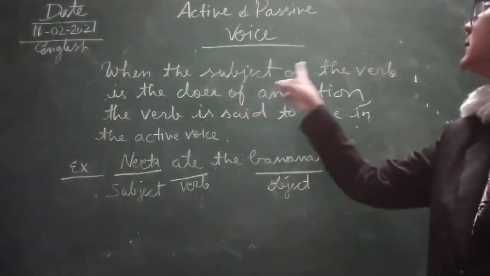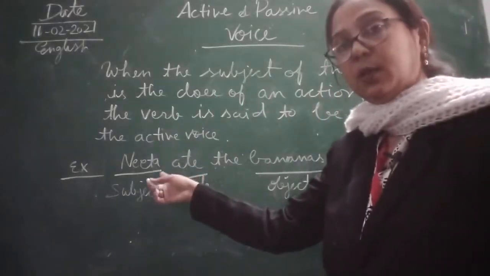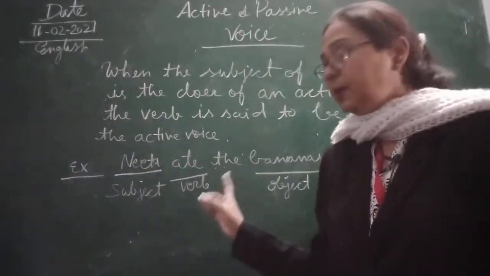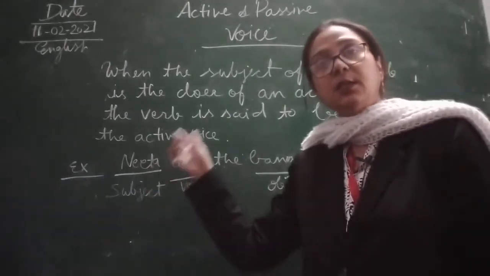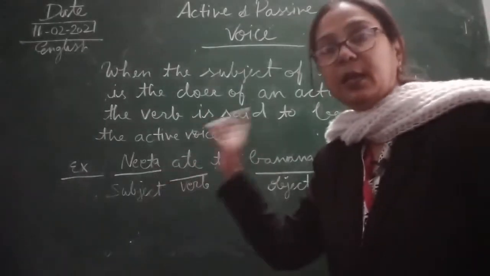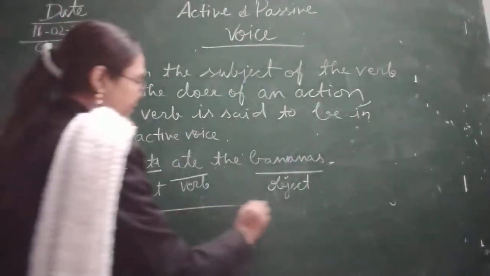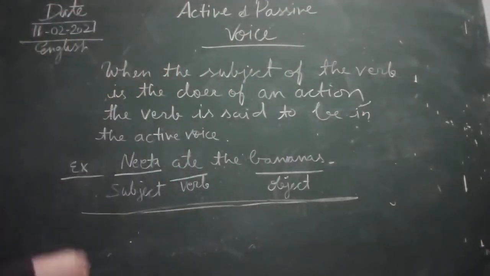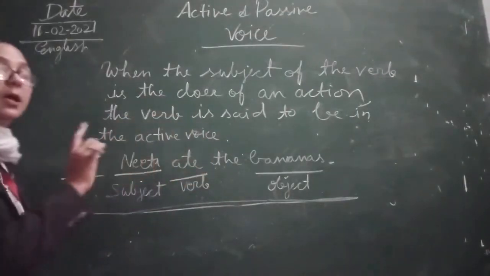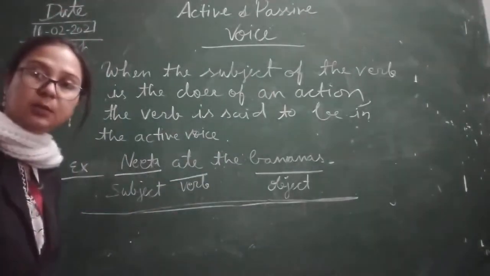Here you can see when the subject of the verb is the doer of an action. Who ate bananas? Neeta ate bananas. It means the subject is the doer of an action. Now this is called active voice. In active voice, when the subject of the verb is the doer of an action, the verb is said to be in the active voice. Okay children? So this is an active voice.